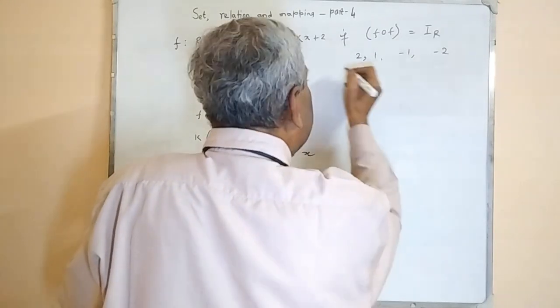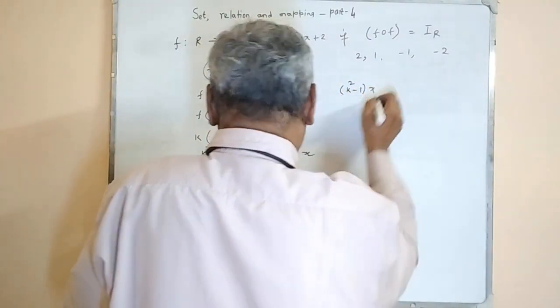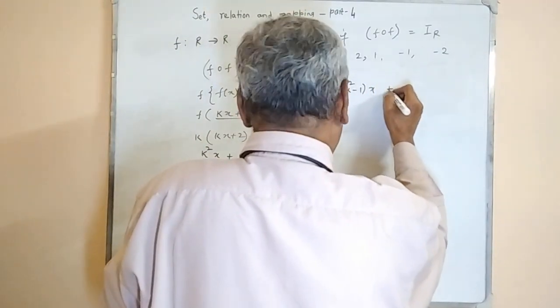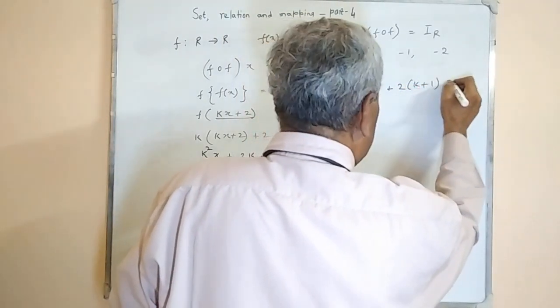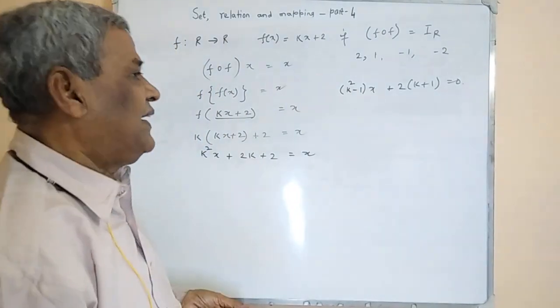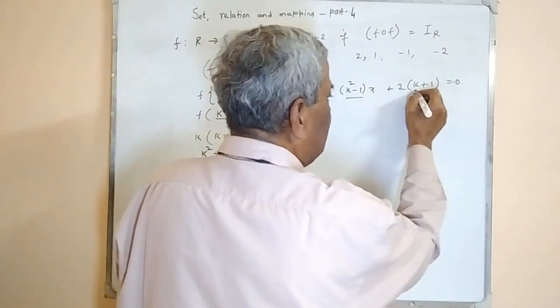So we get here (k squared minus 1) into x plus 2 into (k plus 1) is equal to 0. Now this will be satisfied identically if this is 0 and this is 0.